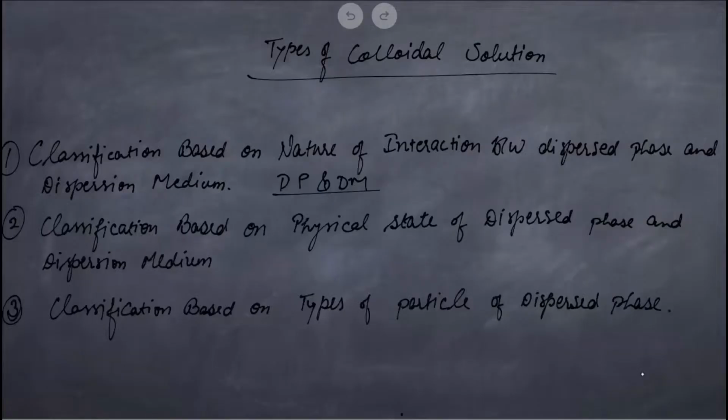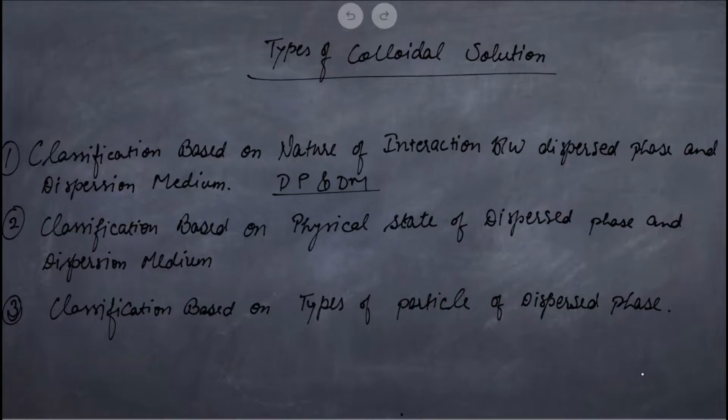Then, types of colloidal solution. Basically we classify colloidal solutions on three bases. The first is classification based on the nature of interaction between dispersed phase and dispersion medium, where DP and DM are short forms of dispersed phase and dispersion medium, which I have written so as not to write too much.